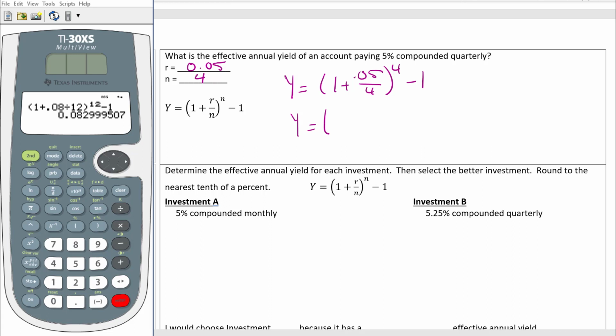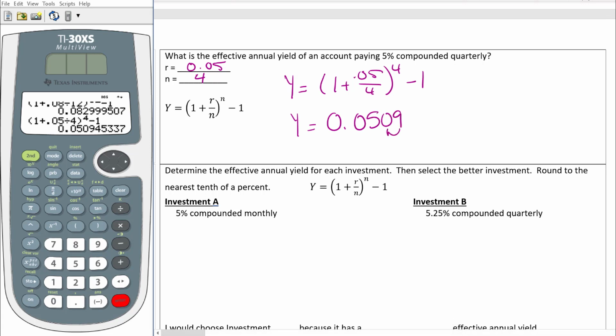I use my calculator: parentheses 1 plus 0.05 divided by 4, raised to the 4, then minus 1. This gets me 0.0509.